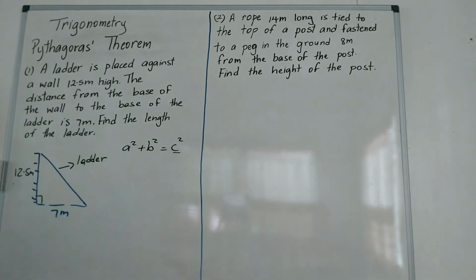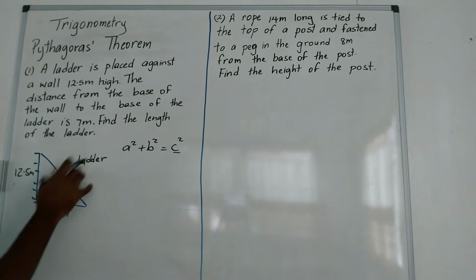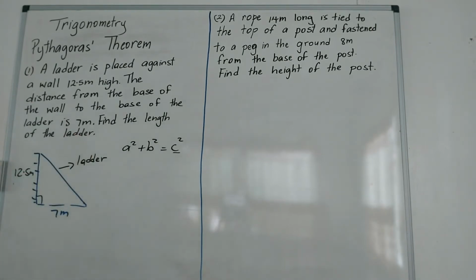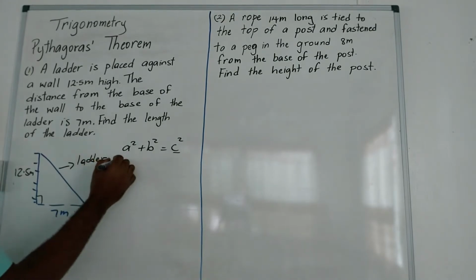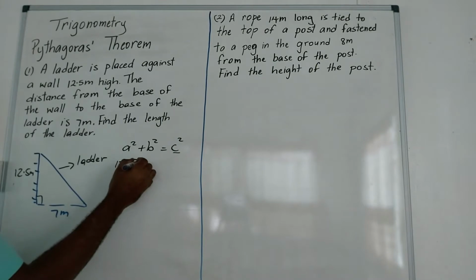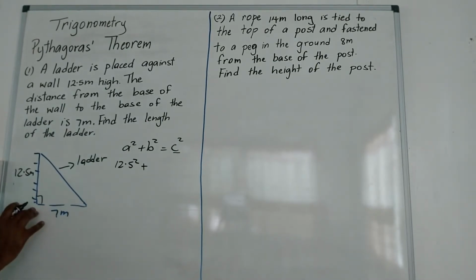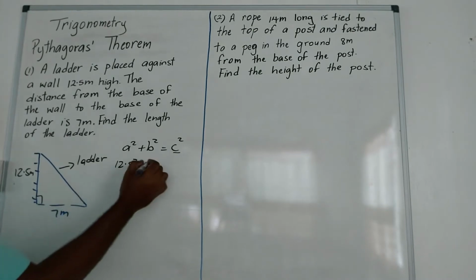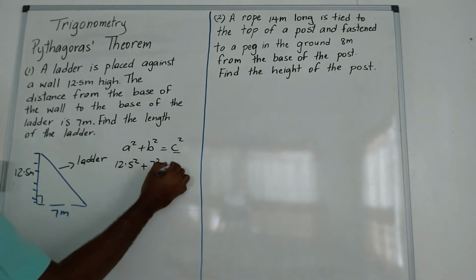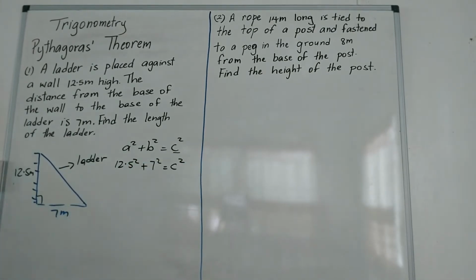We are trying to find c, the ladder. The height of the wall is 12.5, so 12.5 squared plus the distance from the base of the ladder to the base of the wall, 7 squared, is equal to c squared.